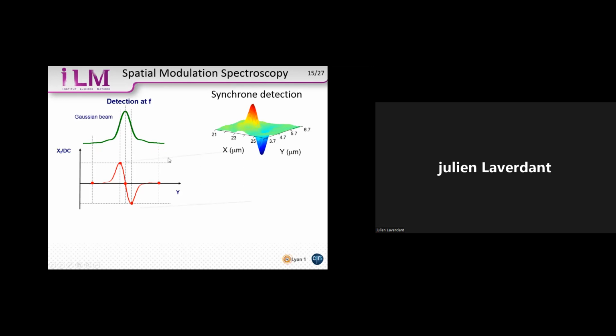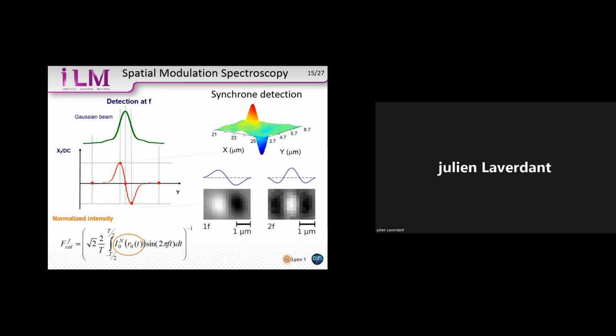And in fact, why do we have this? It's because we remove the mathematical parts. But if you look at these two signals, the shape of the light exciting the sample and the signal recorded, you see that one is the derivative of the other. So the image we are looking at is in fact not the particle, because the particle is much smaller than the shape of the light, but the derivative of it.